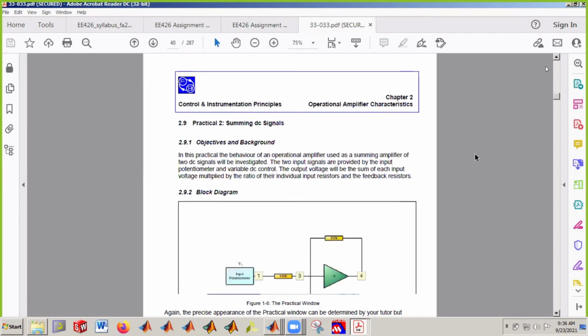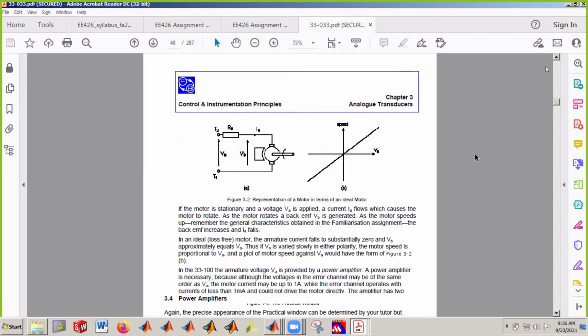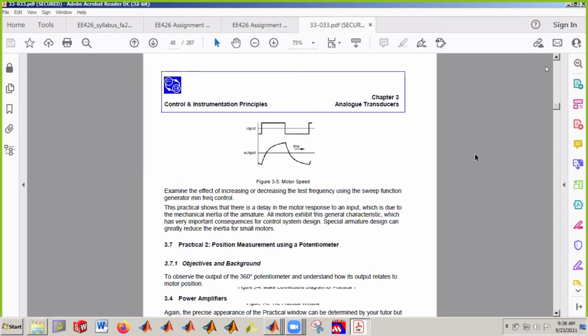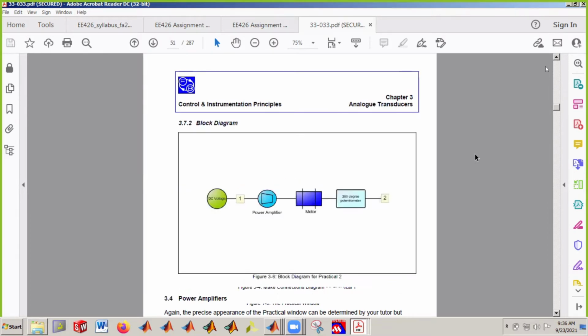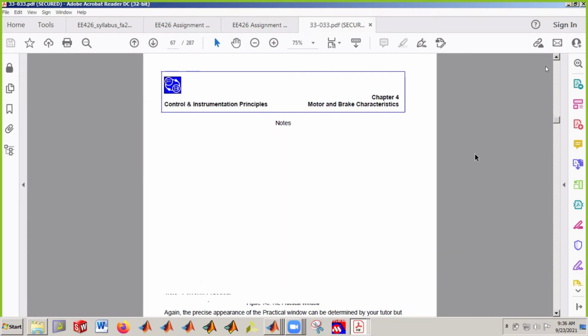So you have a motor. This motor outputs a voltage from a transducer, which measures the position of the motor. This sensor gives you a voltage proportional to the angular position of the motor, because this is a motor, so it's spinning. So we are measuring the angular position.